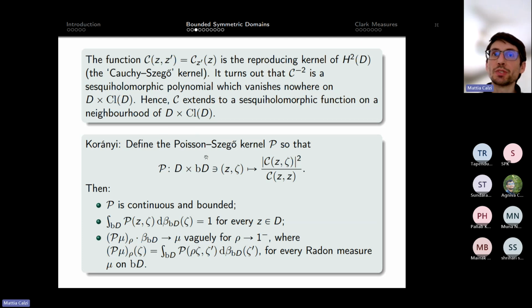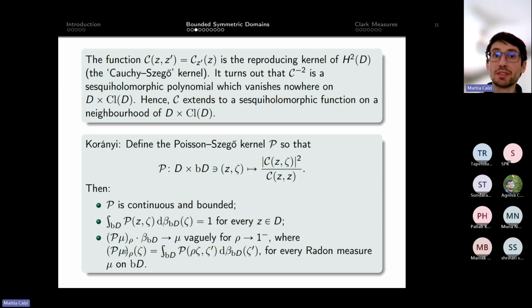And so we may define the Poisson-Szegő kernel. This is also often considered as the Poisson kernel, but in order to avoid possible confusion with the Poisson kernel for harmonic functions, which is a completely different thing, I'm going to call it the Poisson-Szegő kernel. And this is defined this way. This is a fancy definition, and the reason why it works is that in the classical one-variable situation, this is exactly the Poisson kernel I described before in terms of the Cauchy kernel.